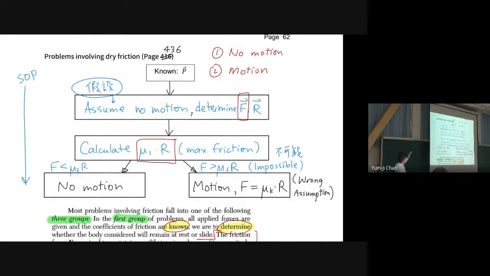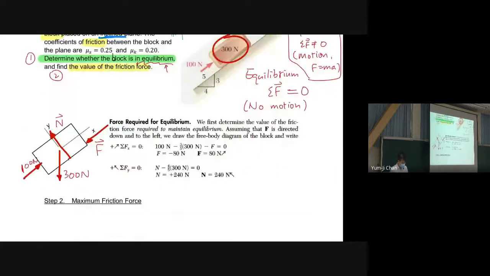Remember our SOP: we first assume we have no motion and then we do all the calculations. Because there's no motion, we have summation F equal to 0. From here, we determine F and R.